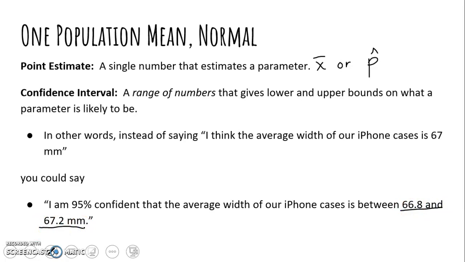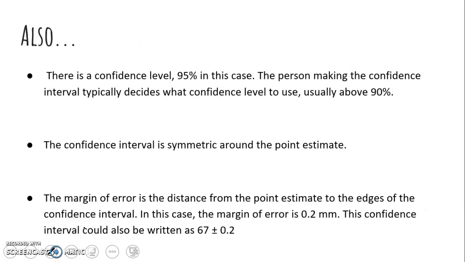And that's actually more feasible than being able to find the actual mean of the entire population, because the population is just too huge to be able to get the actual number. But we can narrow it down to a range. So here's some other things to consider. We have what's called a confidence level. In this case, it was 95%.